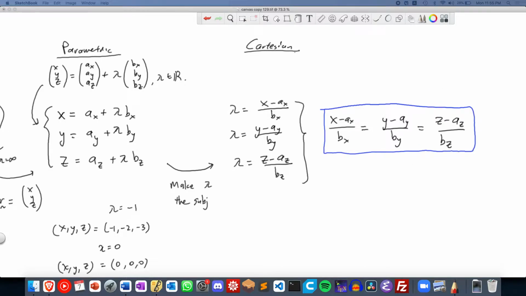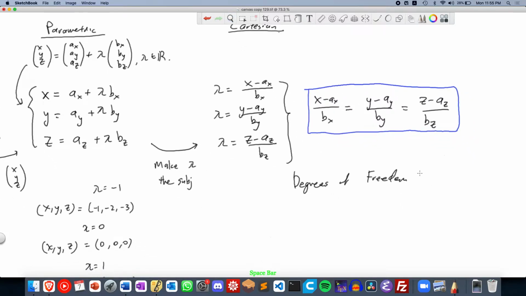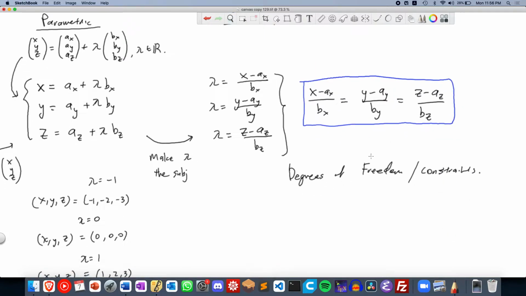So it's a nice time to talk about degrees of freedom and constraints. Okay, so the way to properly understand this equation is to think in terms of constraints.